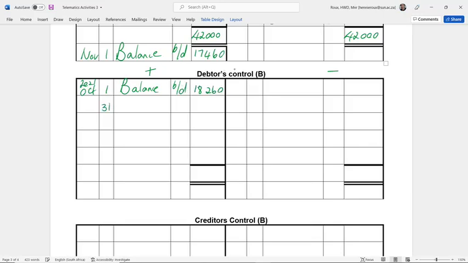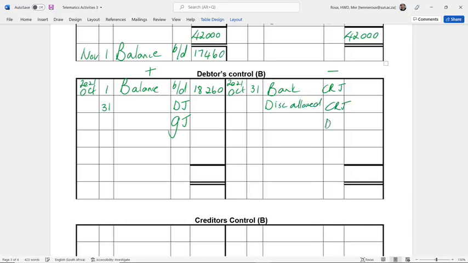Our debtors will increase when we sell on credit. We sell on credit in the DJ. They will also increase with journal debits in the general journal. Our debtors will decrease when we receive money from them. But they will also decrease with a discount that we allowed, also in the CRJ.